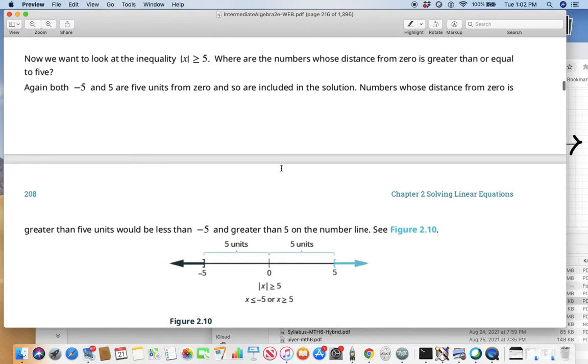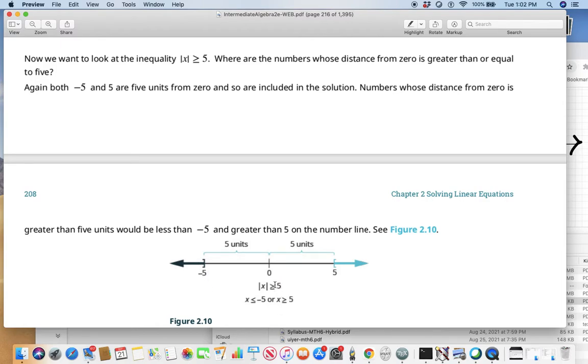On the other hand, what if you want to say absolute value x is greater than or equal to 5? That means the distance of x from 0 has to be more than 5. So you have to be beyond 5 on the right and beyond negative 5 on the left.